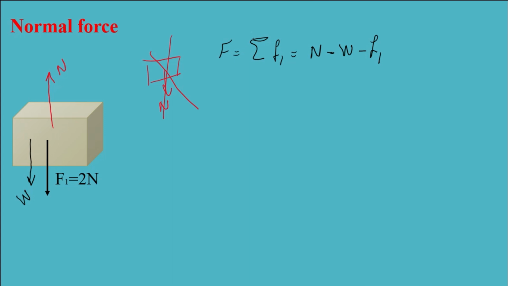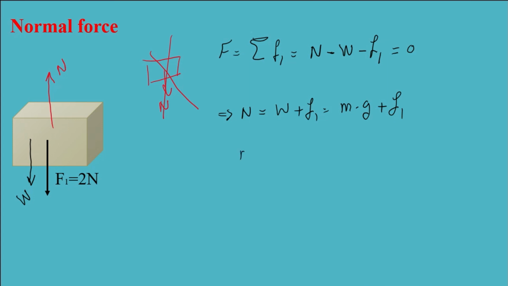And the object is at rest, so the total acceleration is going to be 0. I'm looking for N, so N should be equal to W plus F1. My W is mg plus F1, right?